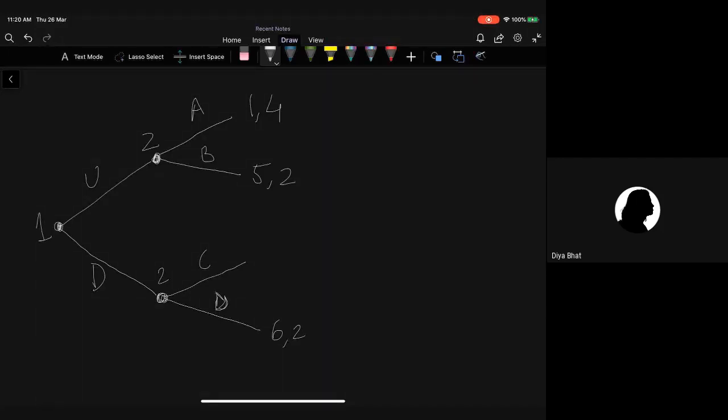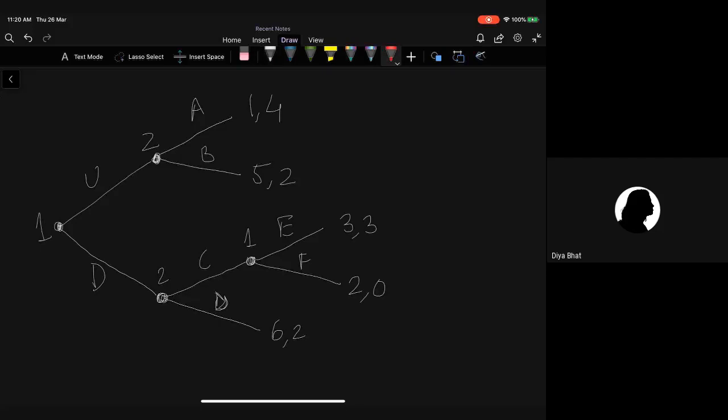If 2 chooses C, 1 moves again. And one's actions are E, F. And payoffs are 3, 3 and 2, 0. Okay. So this is the full game.